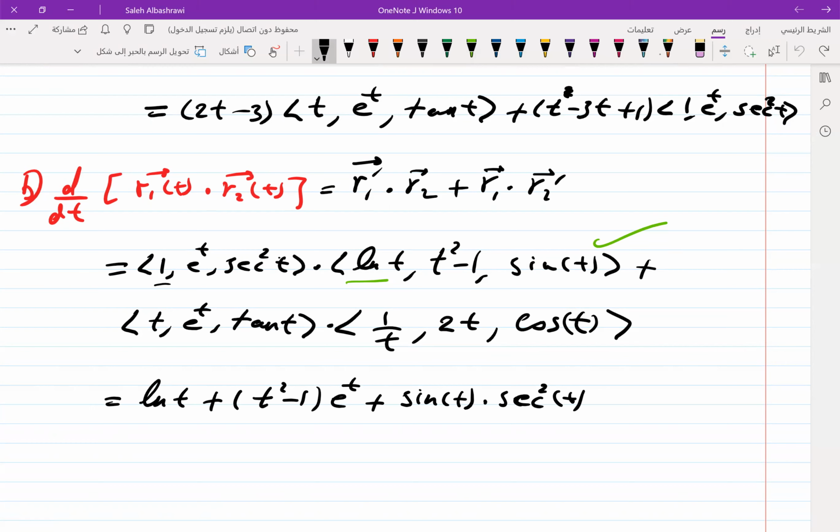Plus t times 1 over t is equal to 1, plus e to power t times 2t is 2t e to power t, plus tangent multiplied by cosine is equal to sine of t.